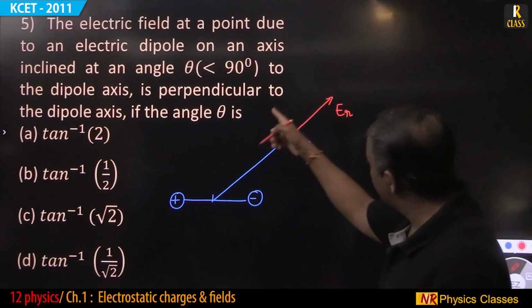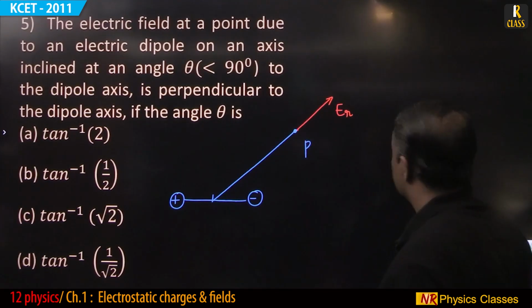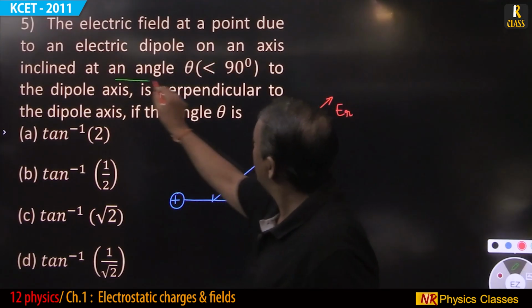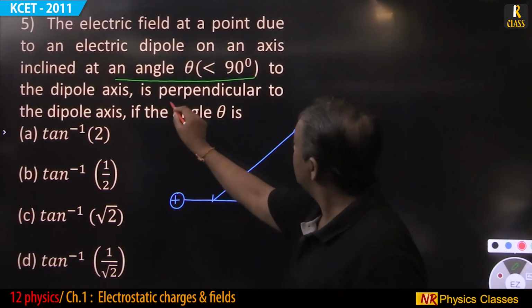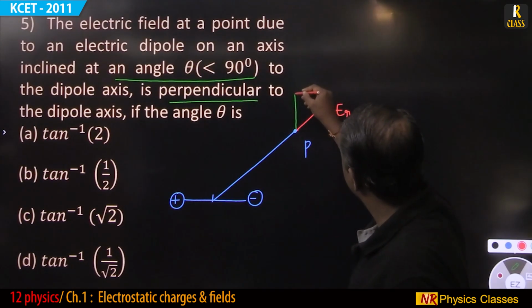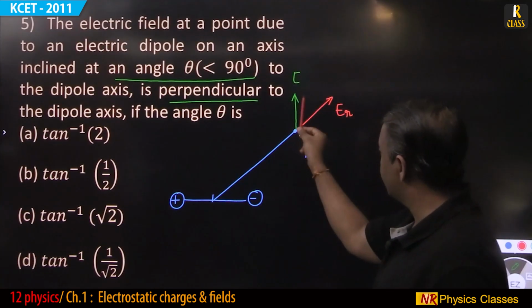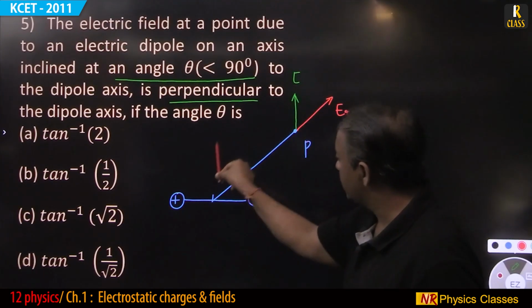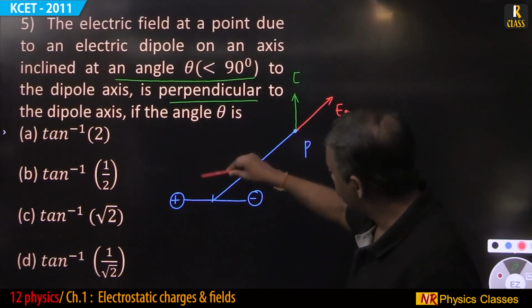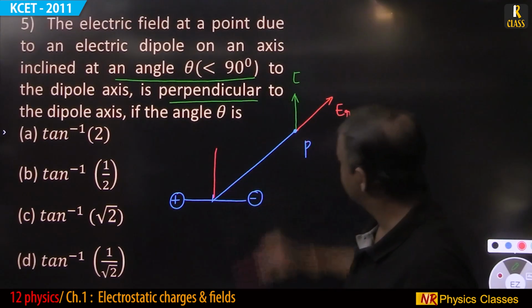But resultant of those two is, just observe, at an angle theta is perpendicular. So this is the resultant electric field E. This resultant electric field should be perpendicular to the dipole axis.